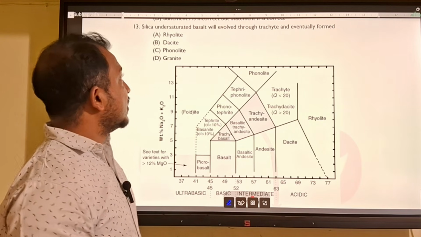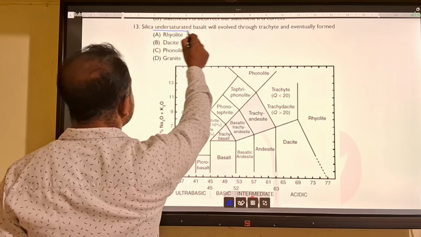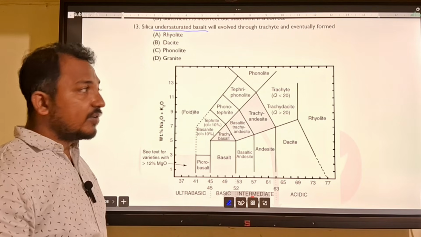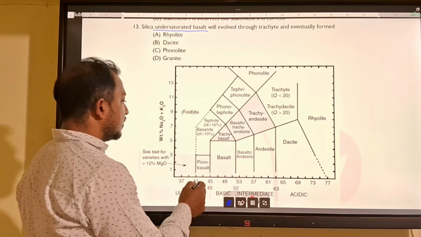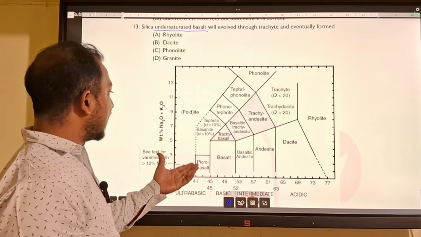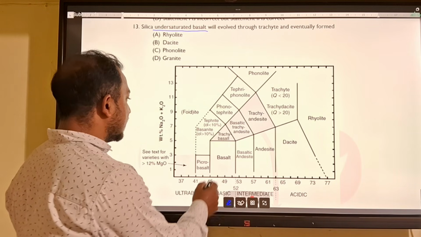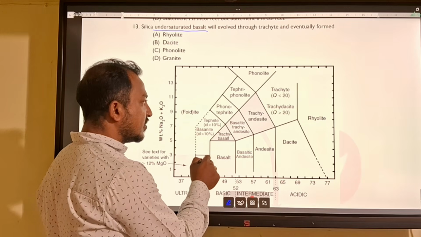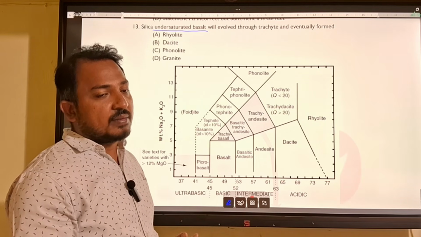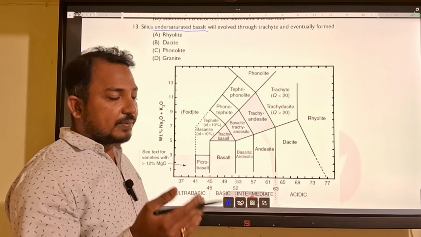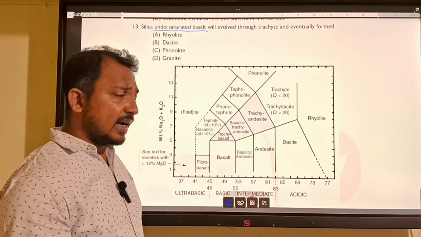Then silica undersaturated basalt. So it is already said it is undersaturated basalt. So it will evolve through trachyte and eventually form. So this diagram is called the TAS diagram, total alkali silica diagram. You can see this is basalt. If this basalt is undersaturated, then with progressive crystallization there will be a little increase in silica and alkali.